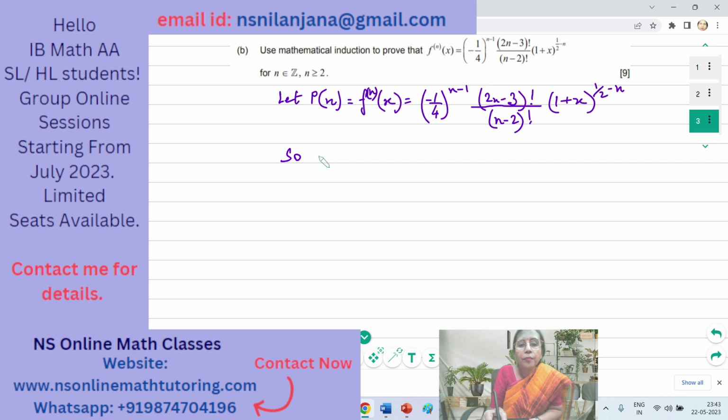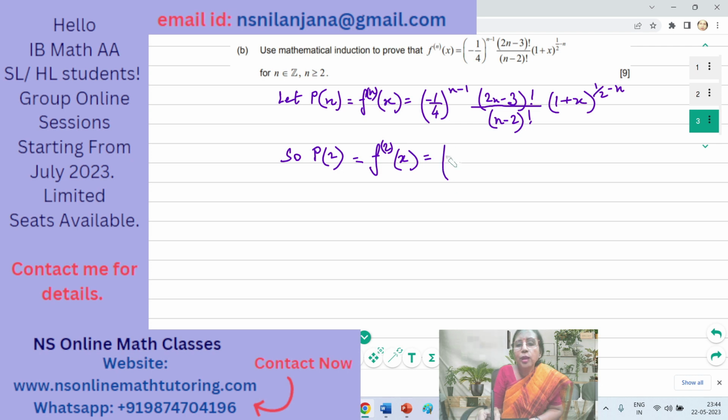So P of 2 is equal to, n is equal to 2, so wherever I have n, I will put 2.